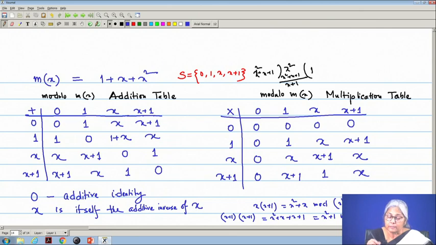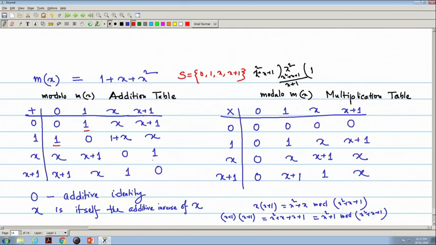Now, we see that here the additive identity was 0.